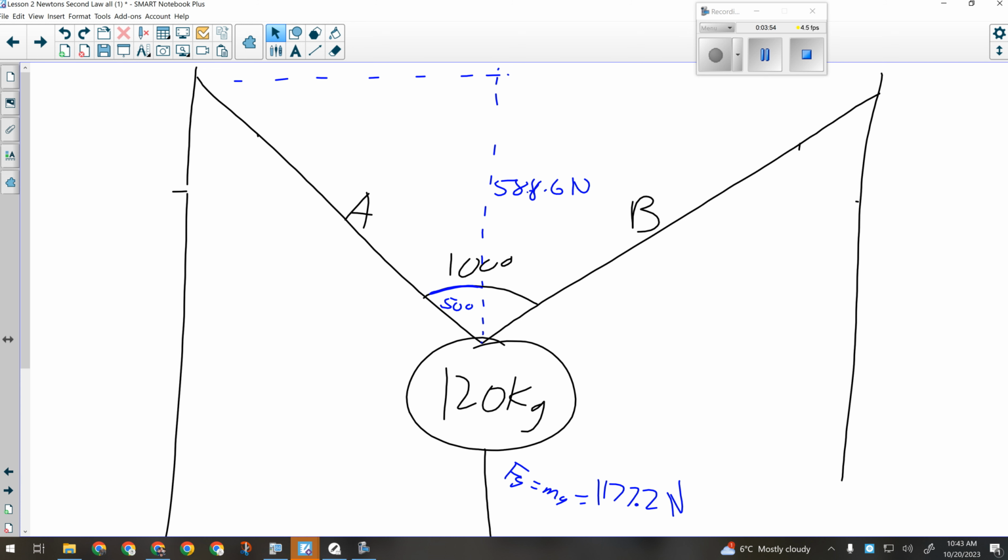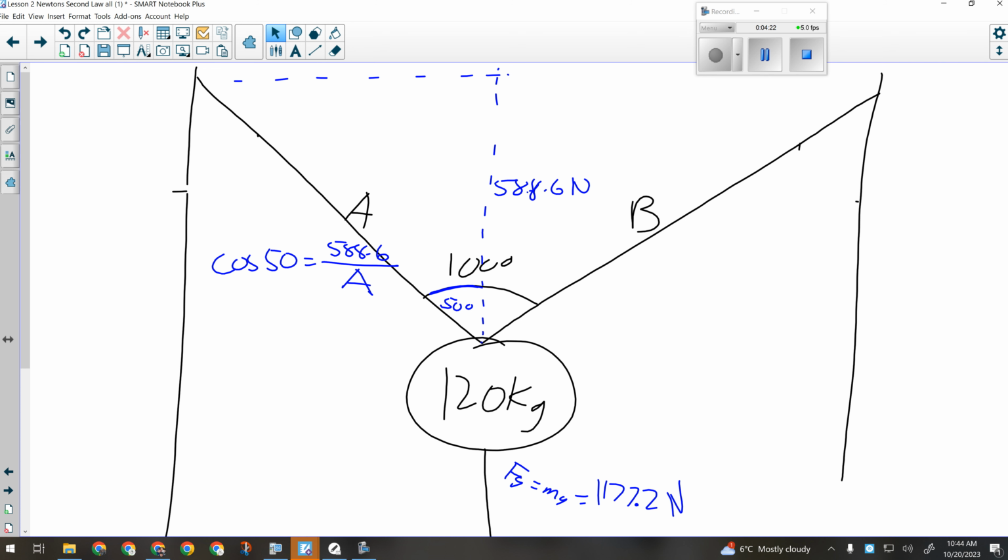Can I calculate the tension in cable A now? I've got a side and an angle, so I should be able to calculate the tension in cable A. I have the adjacent side and the angle, and I'm looking for the hypotenuse. So the cos of 50 should equal the side I have, the adjacent side, divided by the hypotenuse, which is what I'm looking for.